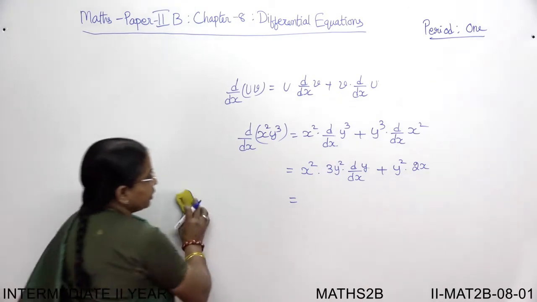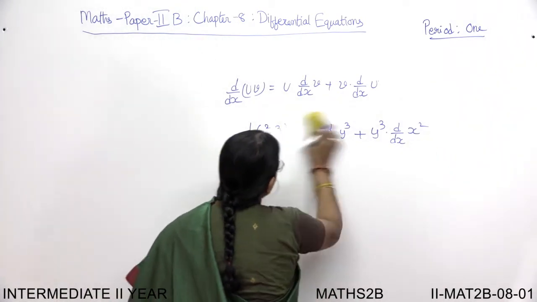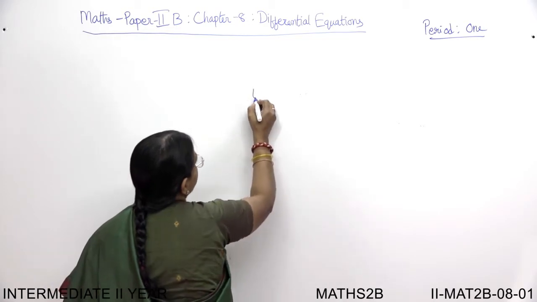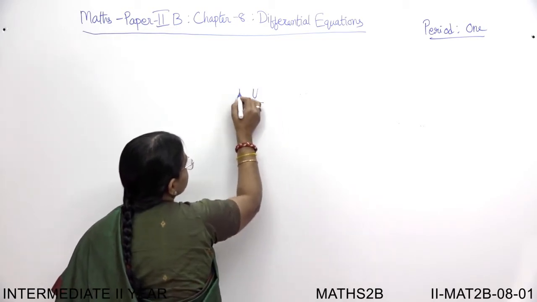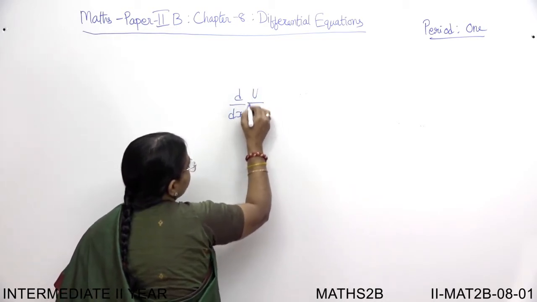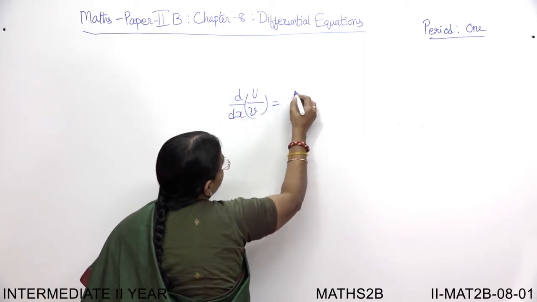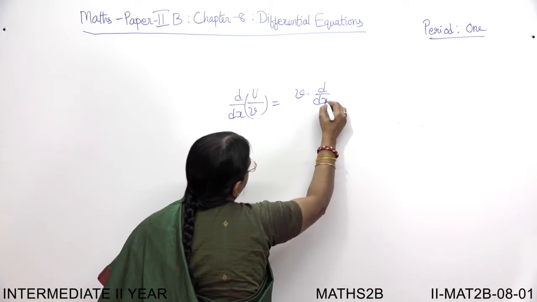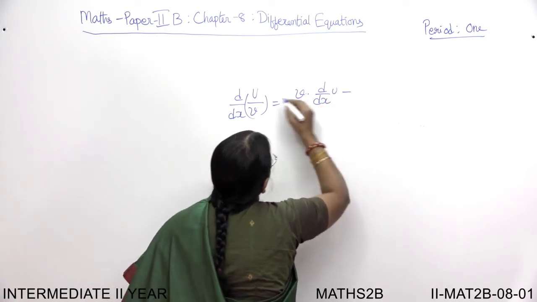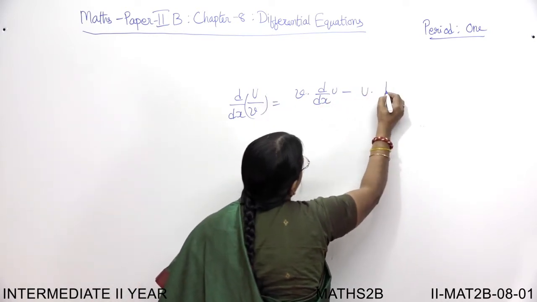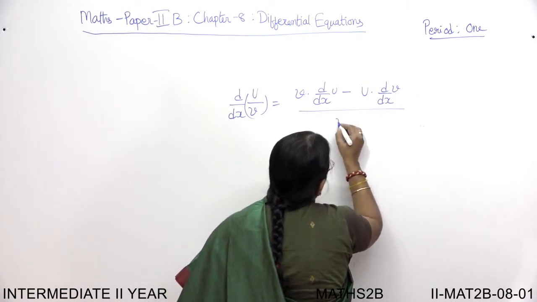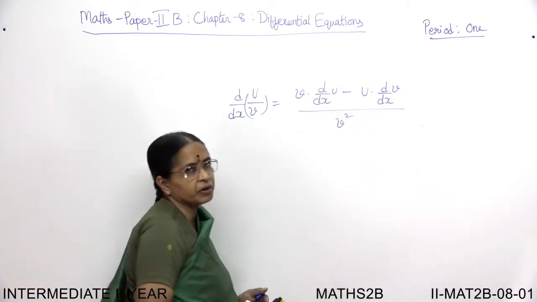Now suppose you have a quotient function like this. Suppose u and v are two functions of x. Then d by dx of u by v is equal to denominator into derivative of numerator minus numerator into derivative of denominator, by denominator square. This is the formula.